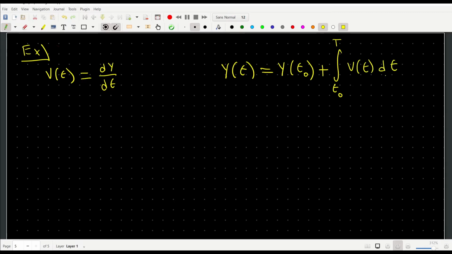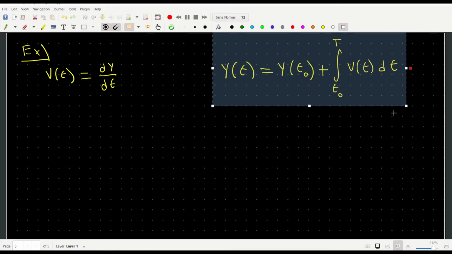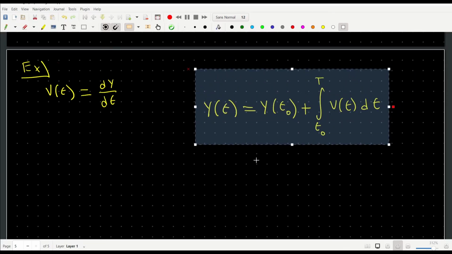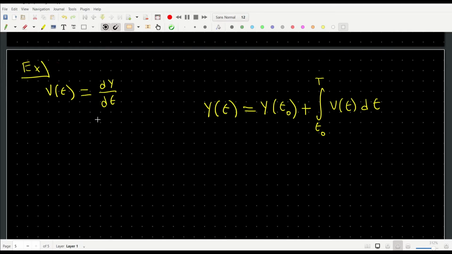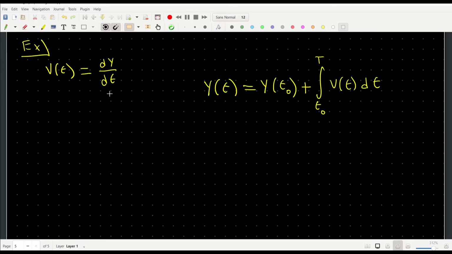It's the definite integral with respect to t. So this is just some basic kinematics that you hopefully have seen either in a basic physics course or in a Calculus 2 course.